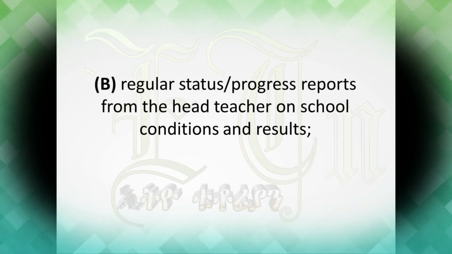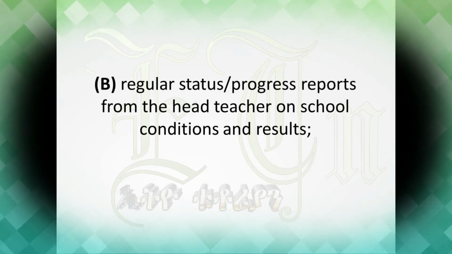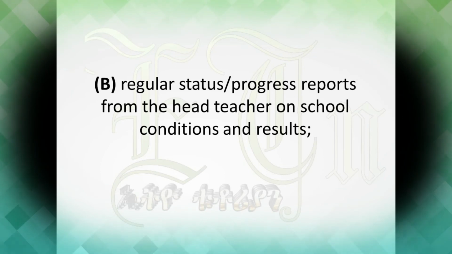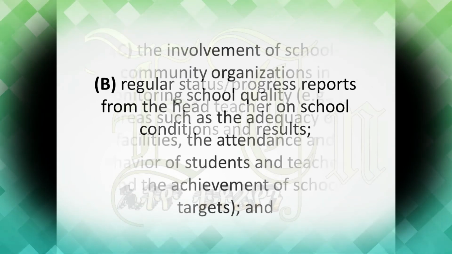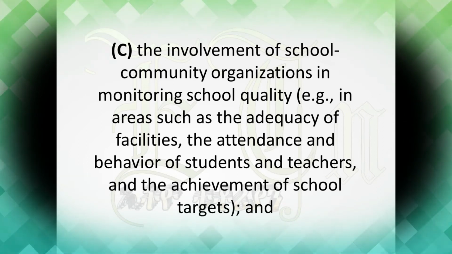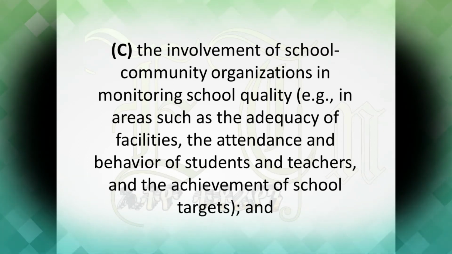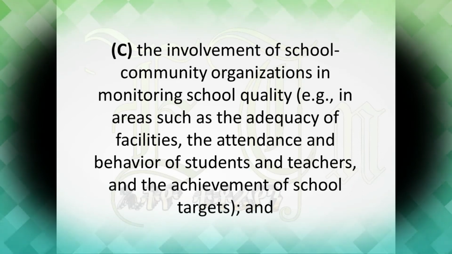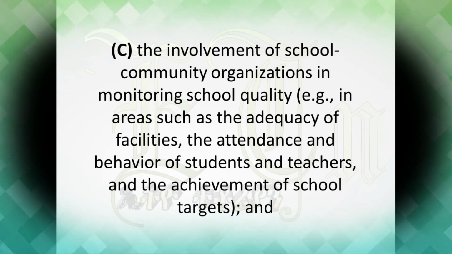B. Regular status progress reports from the head teacher on school conditions and results. C. The involvement of school community organizations in monitoring school quality, for example, in areas such as the adequacy of facilities, the attendance and behavior of students and teachers, and the achievement of school targets.